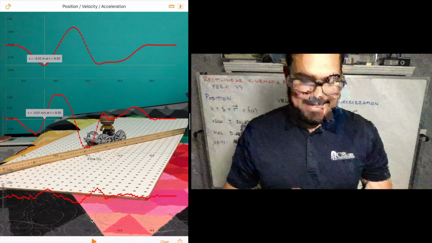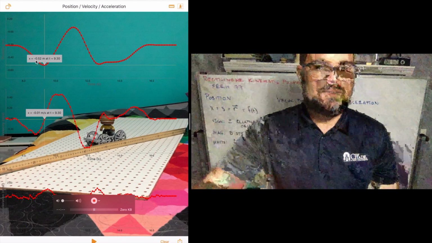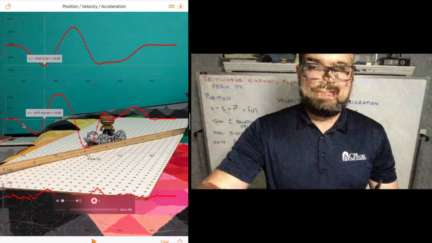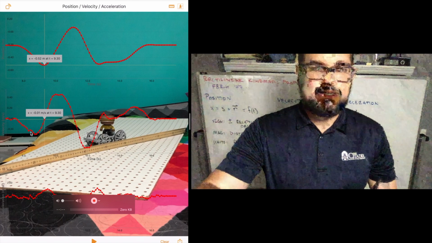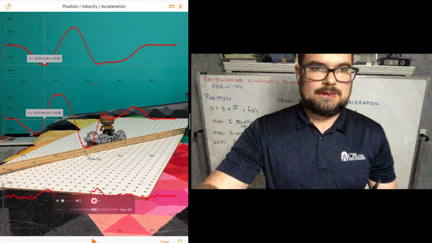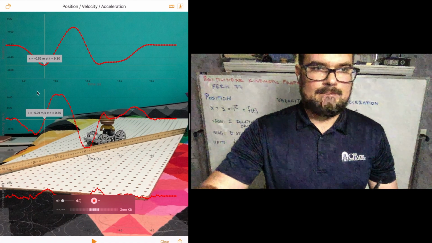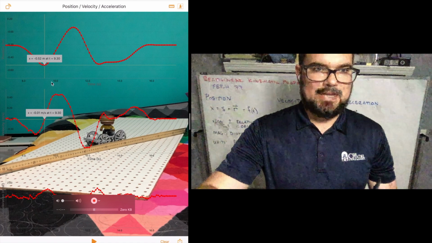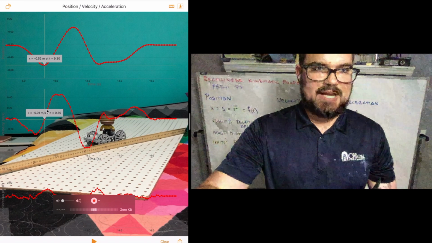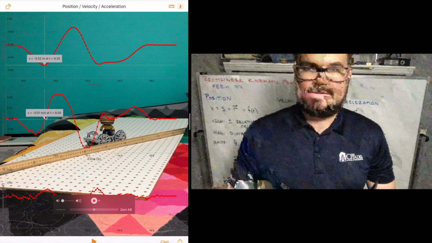And if we look at the slope, the change in position through here, it's a negative slope, and we see negative velocity, right? Yeah, slope of position, negative velocity. When the slope changes, I now have positive velocity.